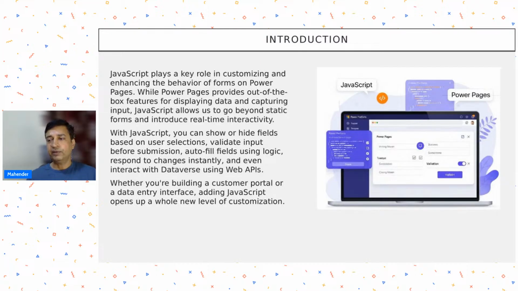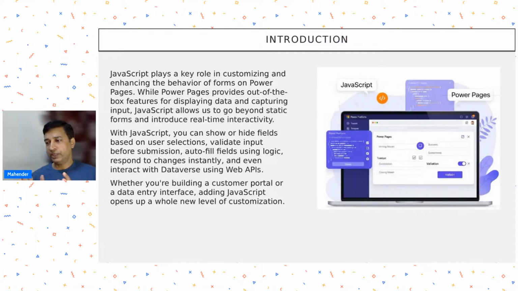Whenever we talk about dynamic websites, JavaScript plays a very critical role. When we want to work with data, or put some kind of validation on those pages, of course we want to use JavaScript or jQuery to perform those actions. Similar to that, in Power Pages as well.